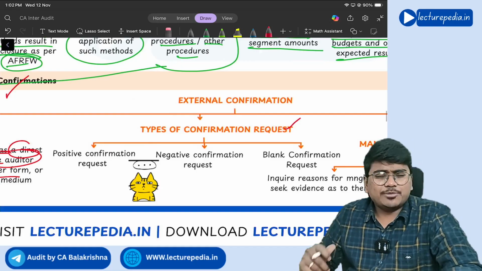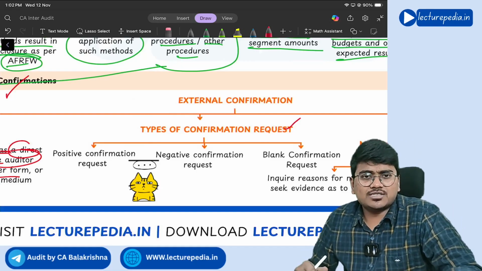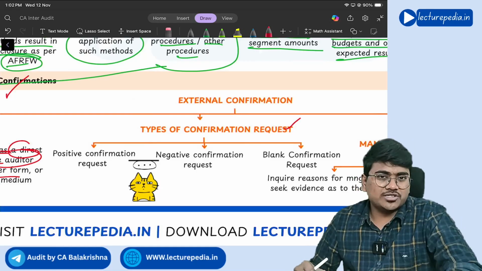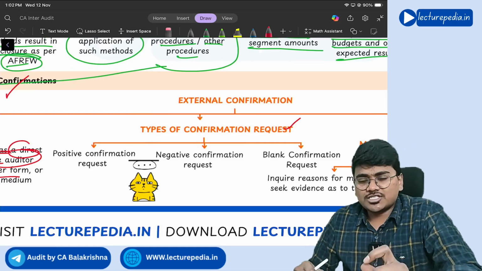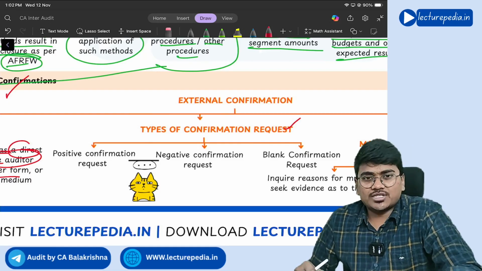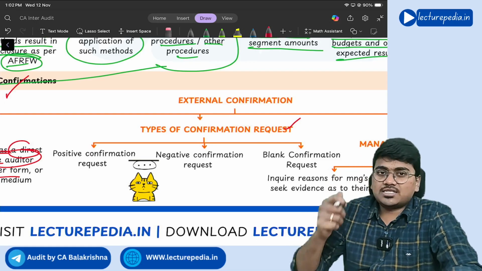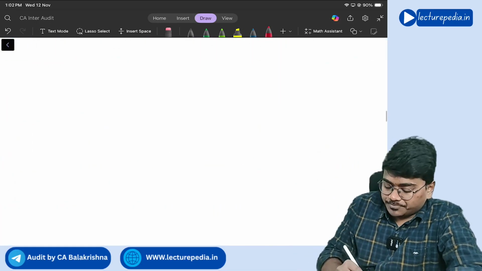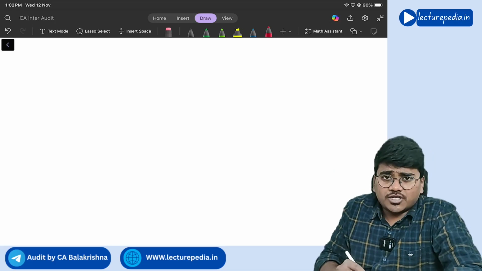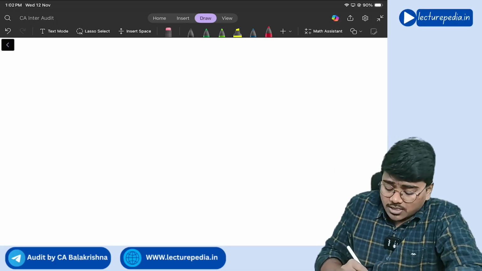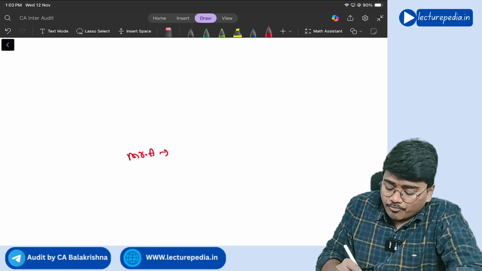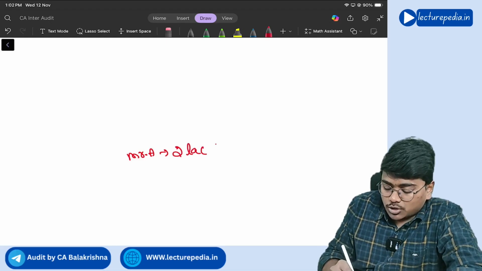Next, types of external confirmation request. There are basically three types of external confirmation request. First one is positive confirmation request. So in positive confirmation request, what will happen? Let's say, for example, in the books of accounts of the company, it is showing that Mr. A has to give 2 lakhs to the company.